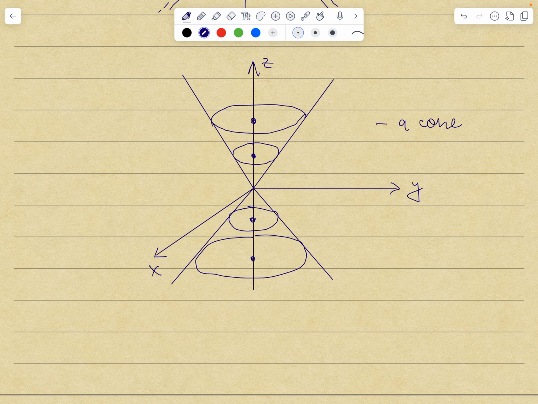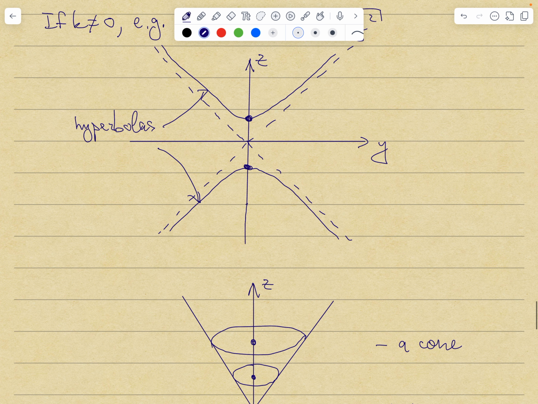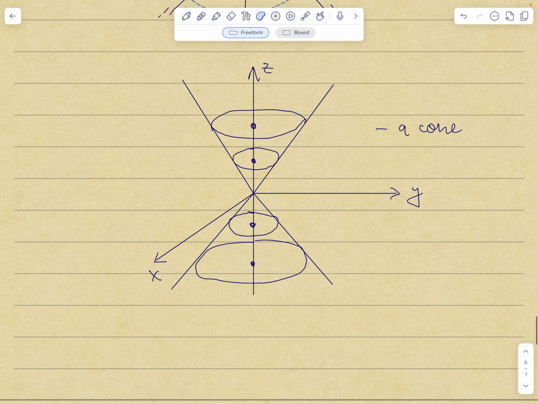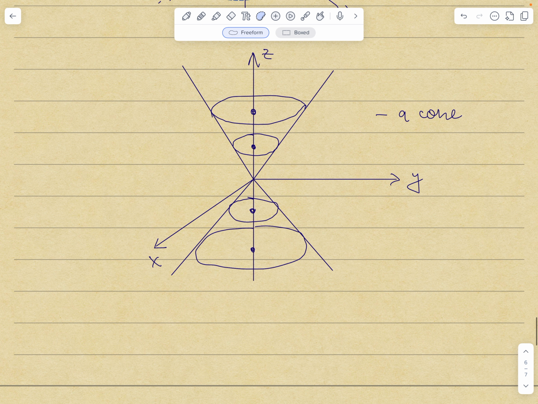And now, if you think about it, if you take a cross section of the cone by a plane x equal to k, you indeed will see hyperbolas like this. But they're difficult to draw on this picture, so I'm not going to do that. So you just use the minimum amount of information possible from these different cross sections to surmise what the shape of your quadric surface is going to be.